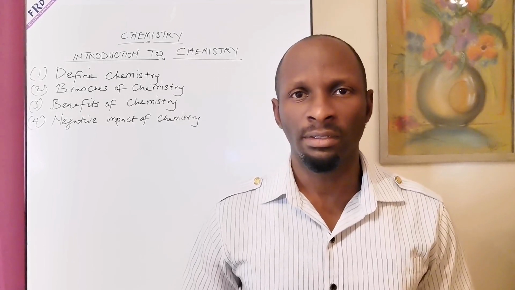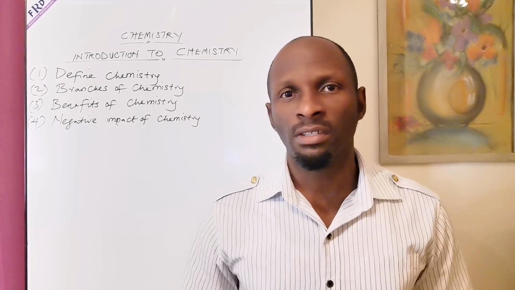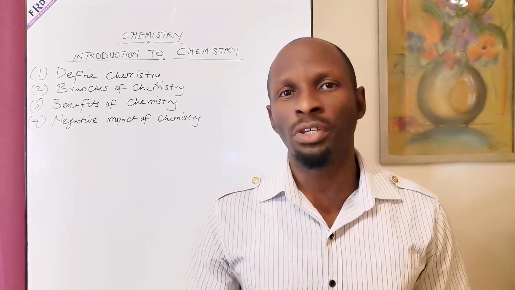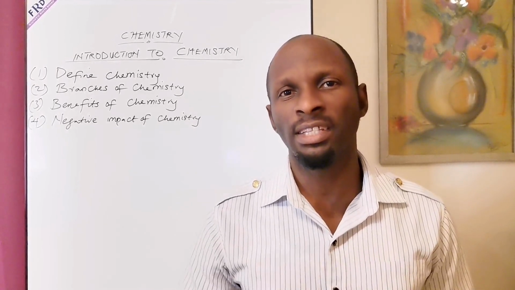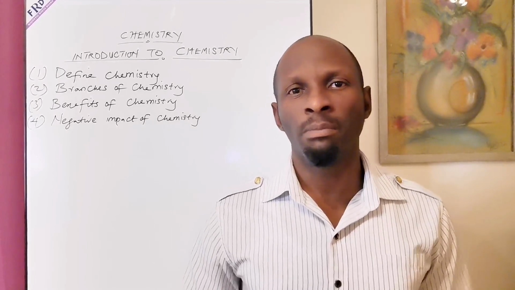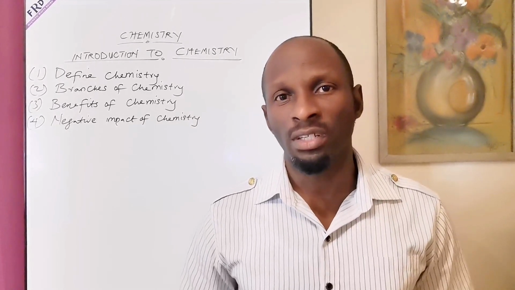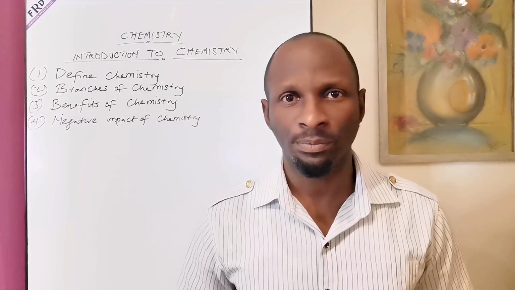And lastly, which is the fourth learning objective, is for you to be able to list the negative impact, or say one or two things regarding the negative impacts that chemistry has brought into existence.